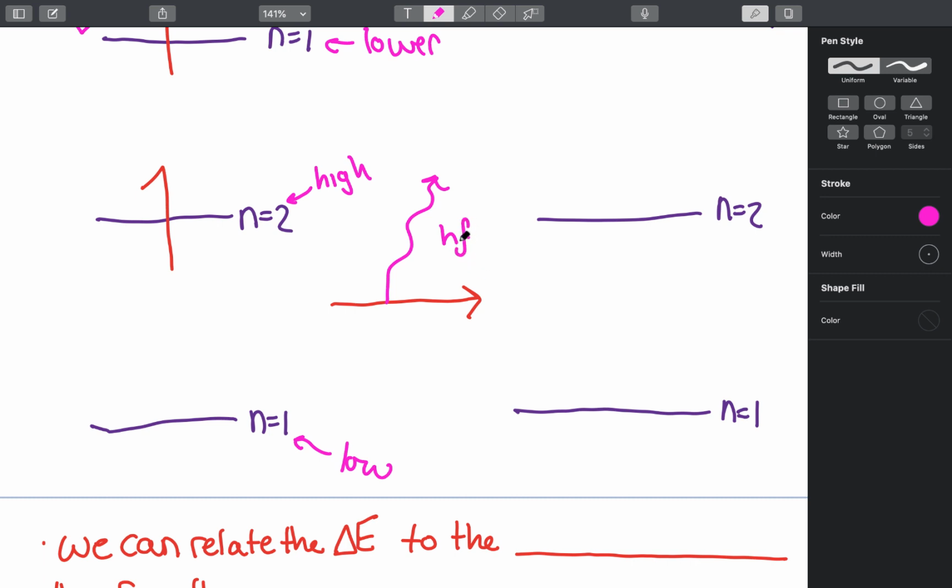And this light that is emitted will be equal to the energy difference between n1 and n2. So this emission of energy will cause the electron to drop from the n equals 2 to the n equals 1 level. And this is called emission.